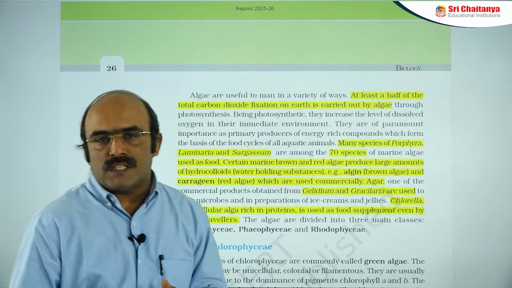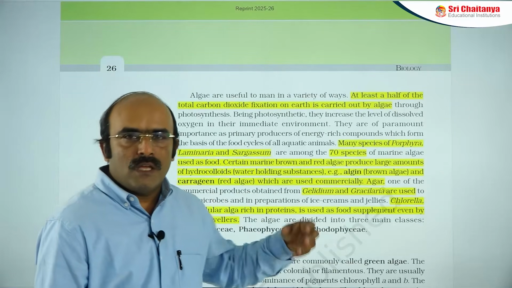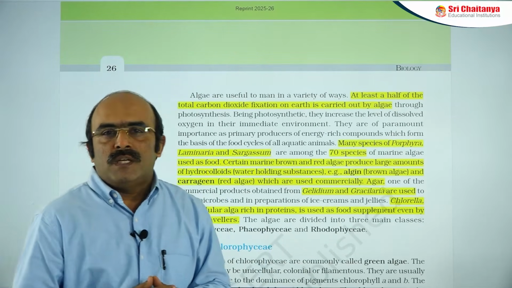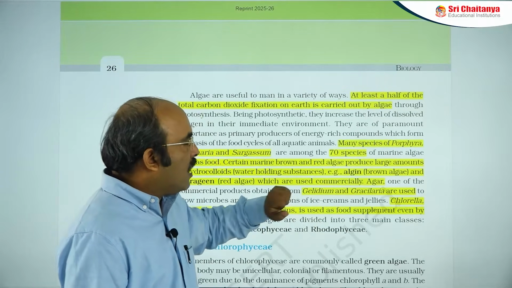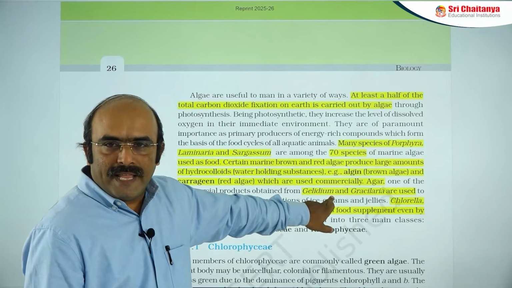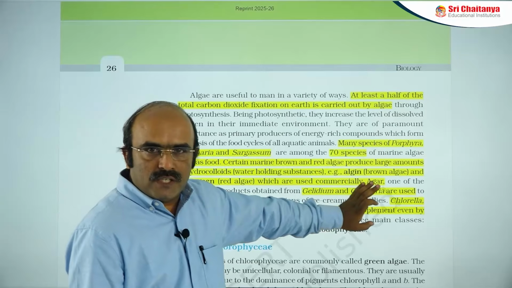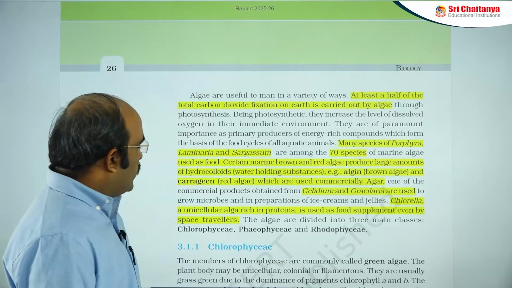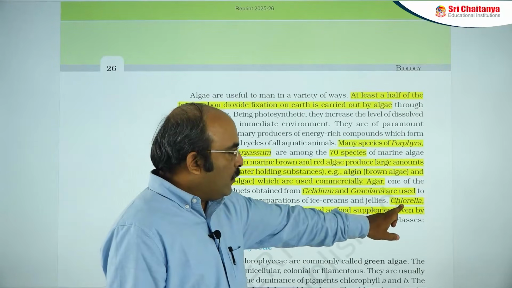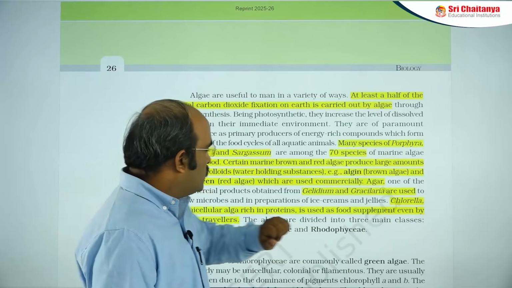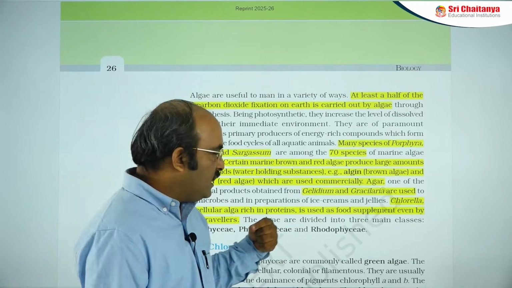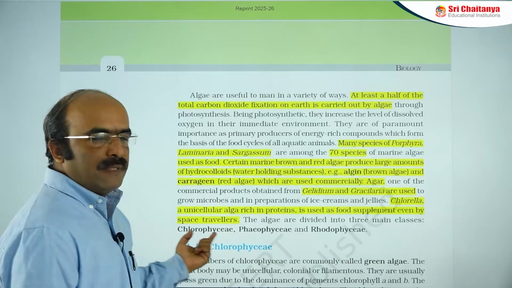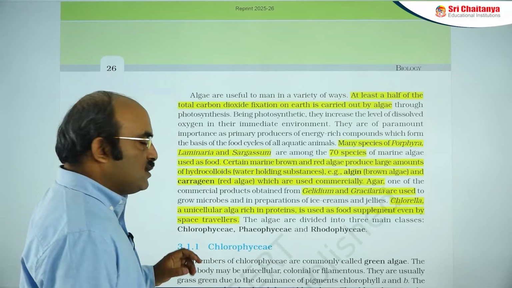You can use it in the preparation of ice creams, and also as a medium in agarose gel electrophoresis. This agar is obtained from the red algae Gracilaria and Gelidium. The other one is the green alga Chlorella. This is a unicellular alga, a good source of proteins, and it is used as a food supplement even for space travelers.